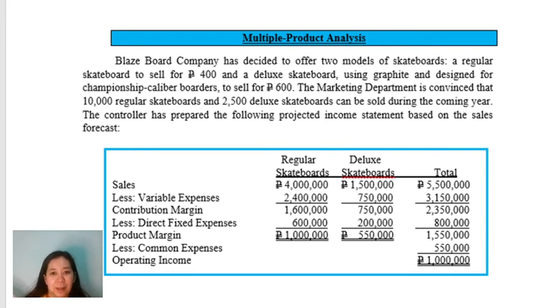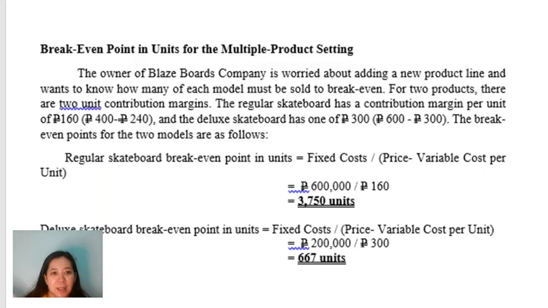Okay, break-even point. How do we compute the break-even point in units if we have more than one product? In the previous illustration, we already presented how to compute the break-even point in units for a single product. What about this time for a multiple product setting?